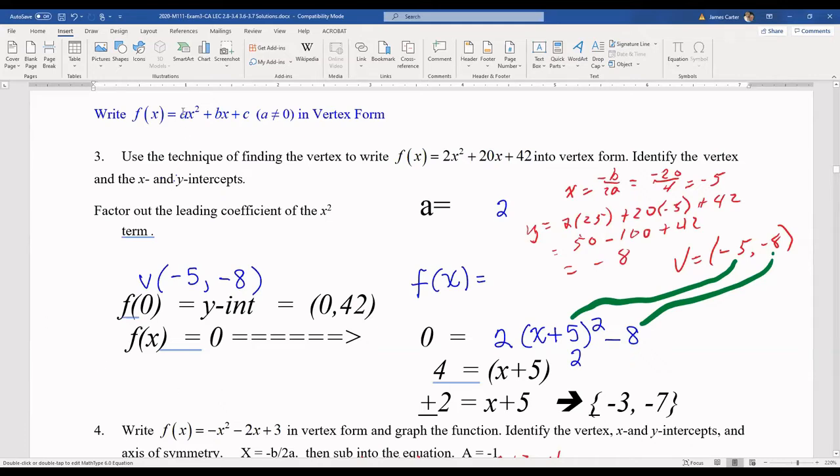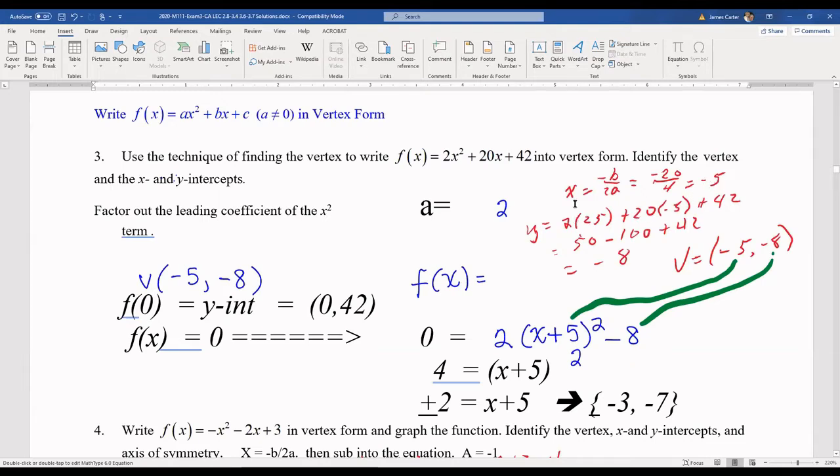Now we've got an equation in standard form, and it tells us to put it in vertex form. Well, I've taught you that to find the line of symmetry and the x value on an equation like this, you use -b/2a. Well, that gives us -20/4, which is -5.